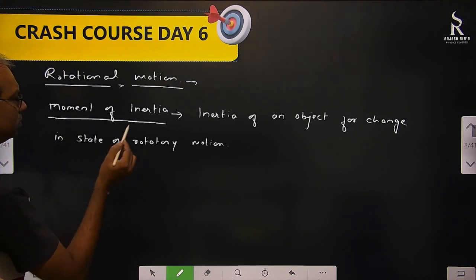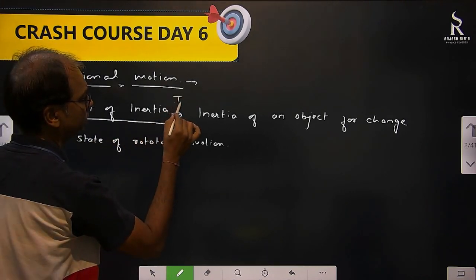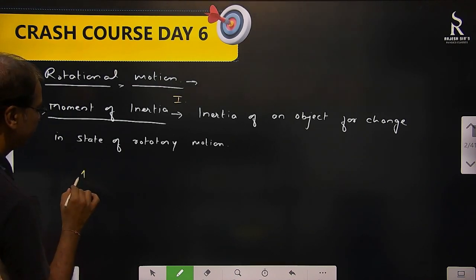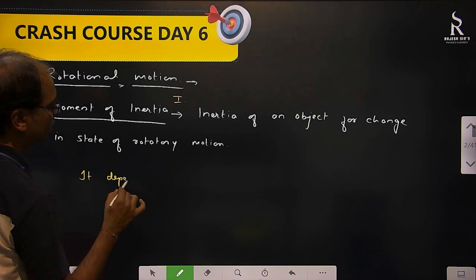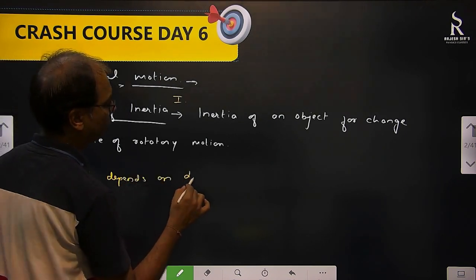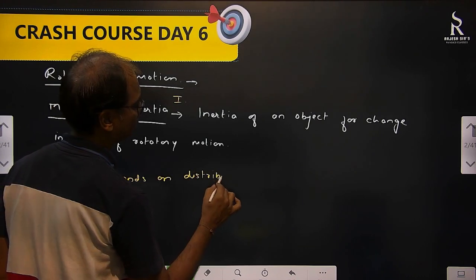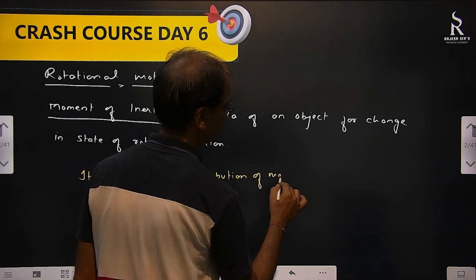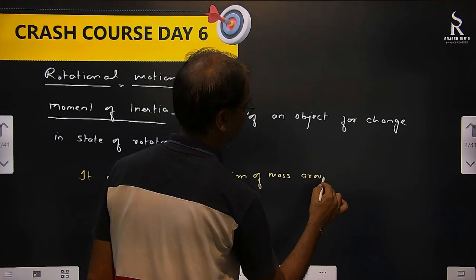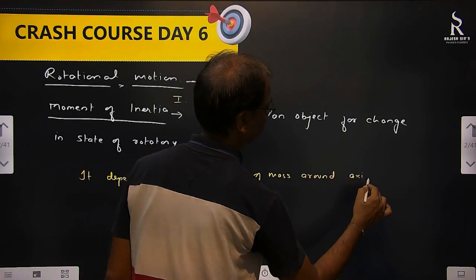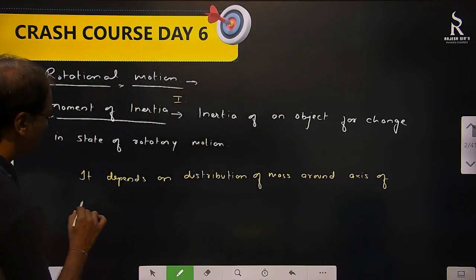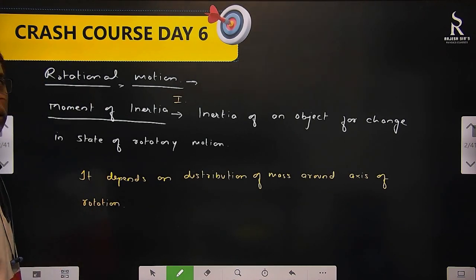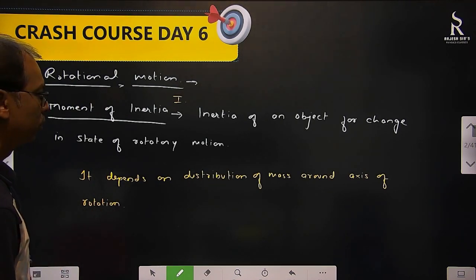And we represent it with I. Moment of inertia we are representing with I. It depends on the distribution of mass around the axis of rotation.